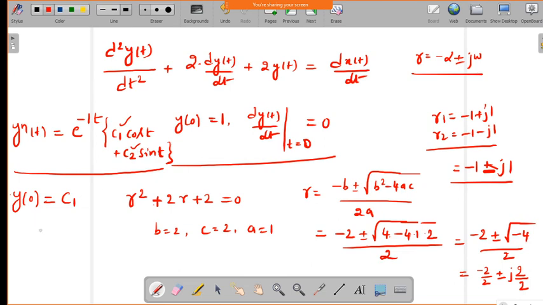Okay, so then your c1 will become equal to y of 0, that is 1, so c1 is nothing but 1. So similarly you can find out c2 by differentiating this.